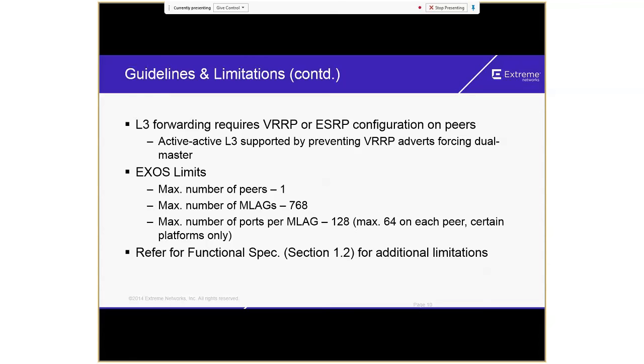The number of ports working in an MLAG will be 64 on each switch. So if you have two switches, the number of ports participating in MLAG would be 128, with 64 on each switch.